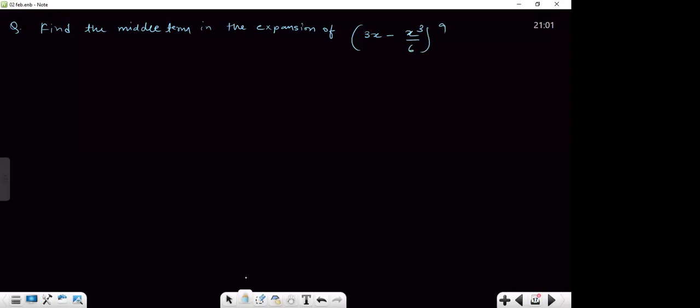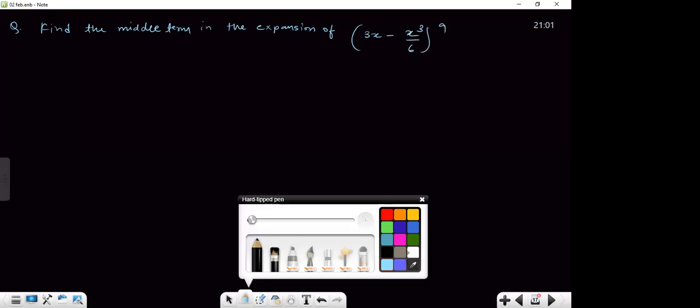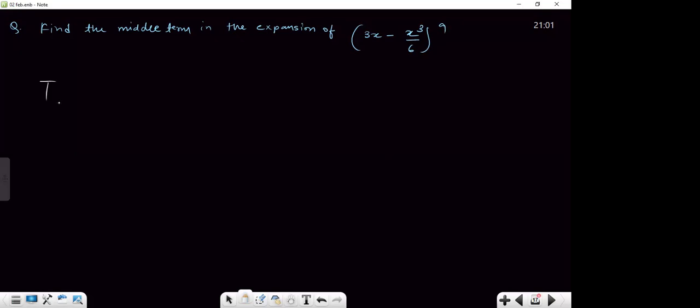Now we have to find the middle term. So n is 9 here. Total number of terms will be 10, actually even. So there will be two middle terms, that is T(10 by 2) and T(10 by 2 plus 1), so the two middle terms will be the fifth and sixth terms.